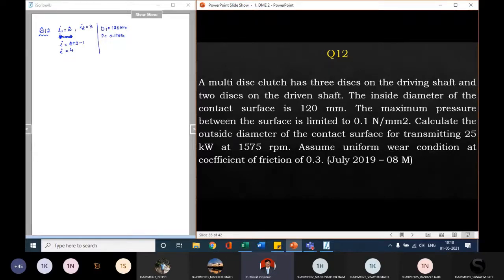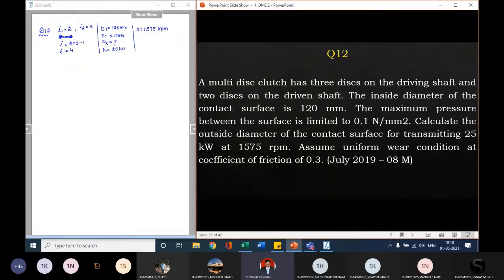Calculate the outside diameter, D2. We are trying to find D2, of the contact surface for transmitting 25 kilowatts, capital N, 25 kilowatts. Then what else has he given? Speed N, 1575 RPM.